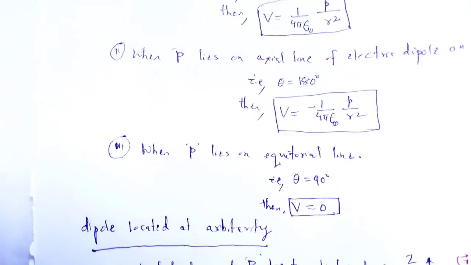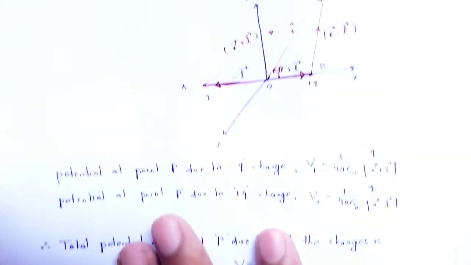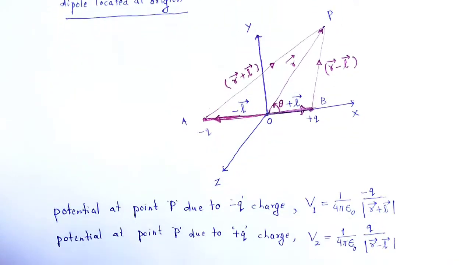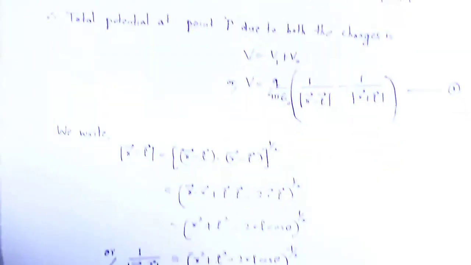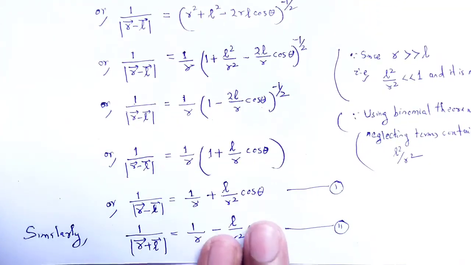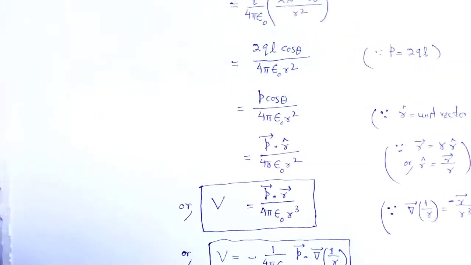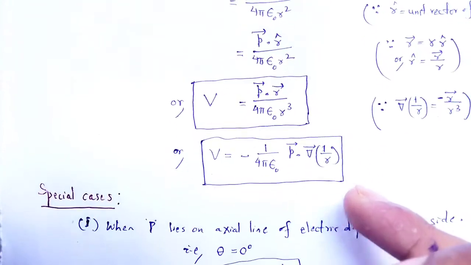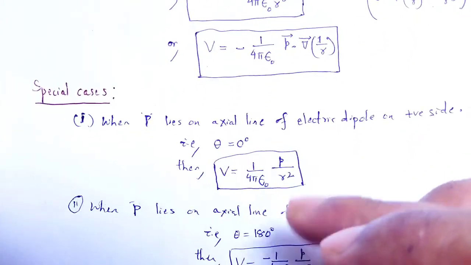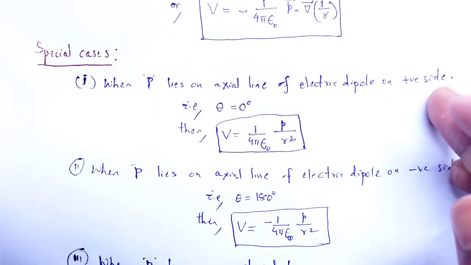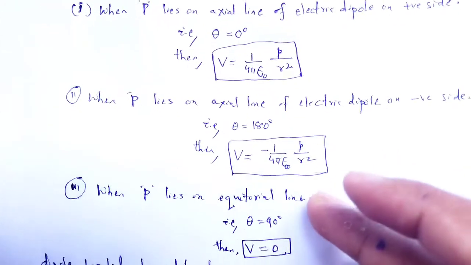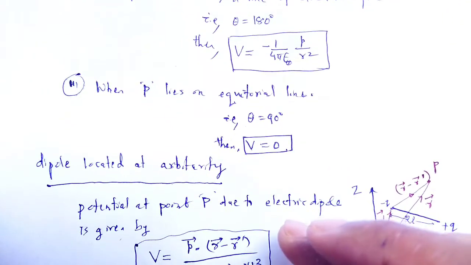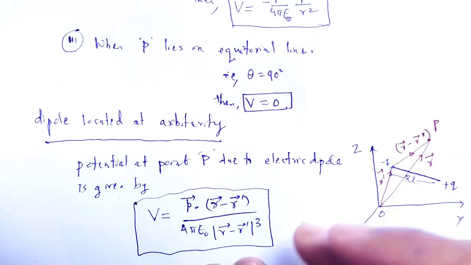These two are the expressions related to calculation of potential due to the dipole. When the dipole is situated at origin, we derived the expression for potential, and potential in terms of gradient, and its special cases when the point lies on the positive axial line, negative axial line, and also on the equatorial line, and the expression for potential when the dipole is located arbitrarily.